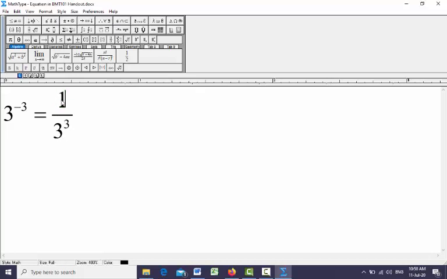So in the numerator we will have only 1. So we will have 1 by 3 to the power 3, and 3 to the power 3 means 27. So that's the answer.